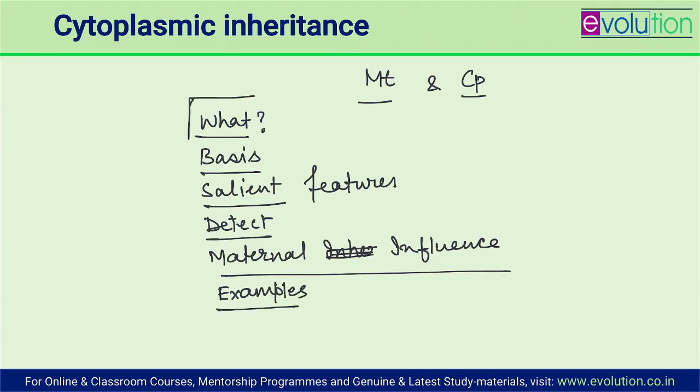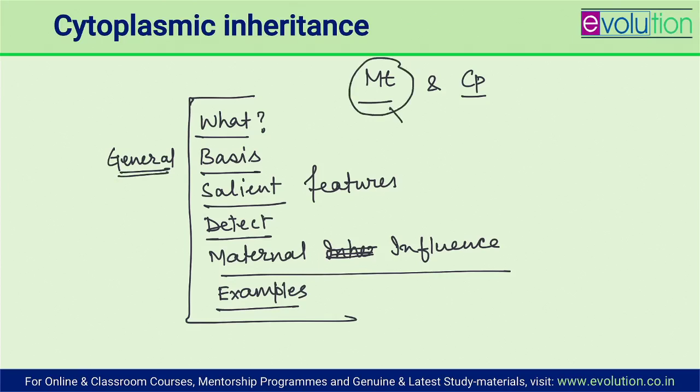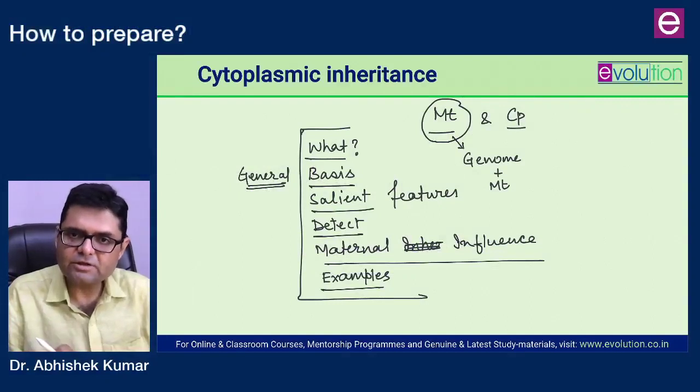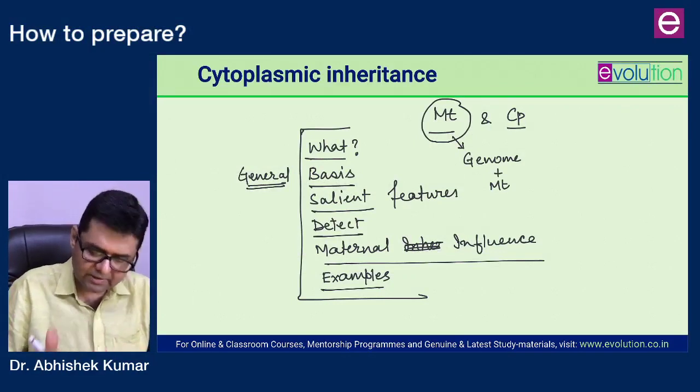This is the first thing, which will cater to a general question, the most common question, but on the mitochondrial genome questions have been asked, plus origin of mitochondria. This I had also touched on in my cell biology discussion, so you should look into the endosymbiotic origin of mitochondria.